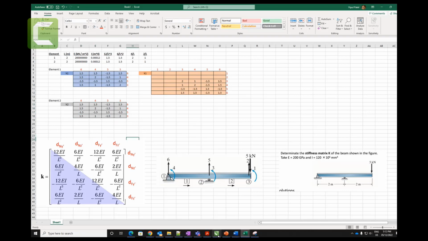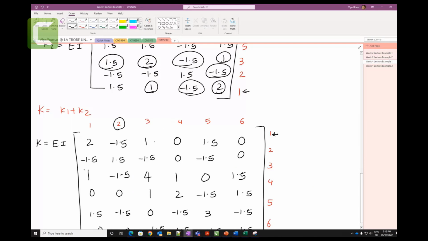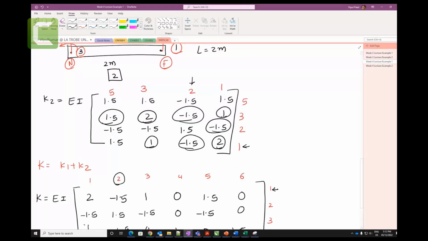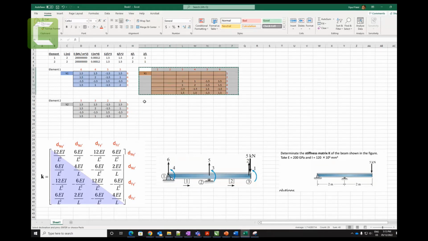There you go. And if you remember what numbers we are using for the next one, K2: 5, 3, 2, 1. So that would be 5, 3, 2, 1. We can copy all these with Control C and make it here.